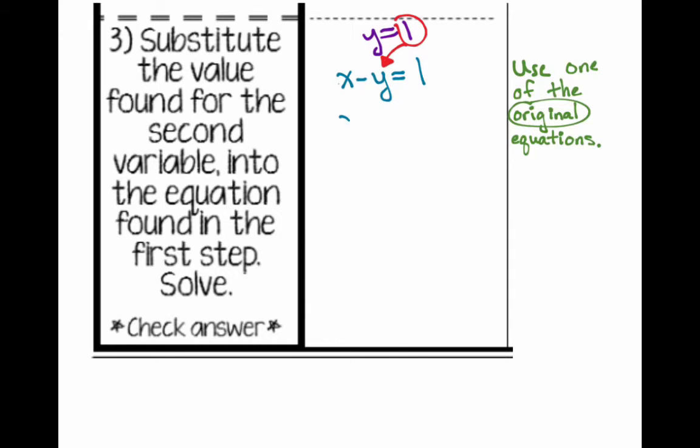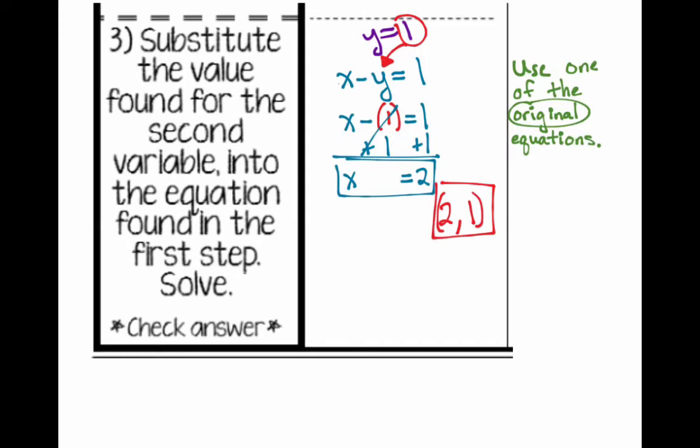Substitute 1 in for y. x minus 1 equals 1. Add 1 to both sides. And I'll have x equals 2. Now I know what x is and I know what y is. And so I think I have a solution to my system. This is the same as the point of intersection when we graph them as lines, but we didn't have to graph them now.